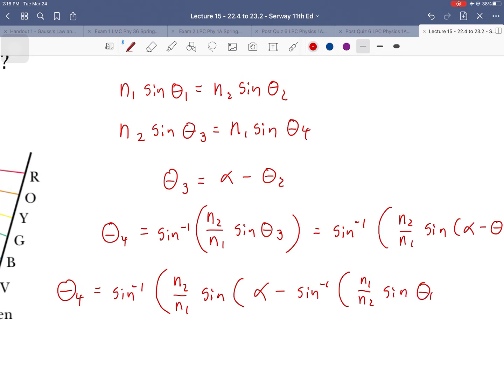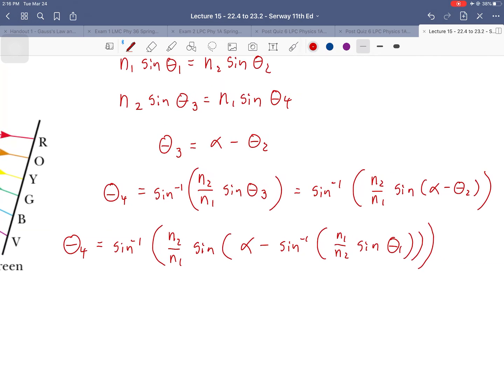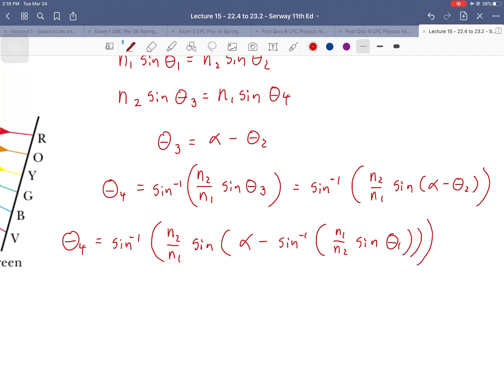Okay, with theta 1 being given. So we'll close off all our parentheses. There we have it. Okay, so this formula looking large, but being very effective for plugging in our values, really is then able to solve for theta 4.